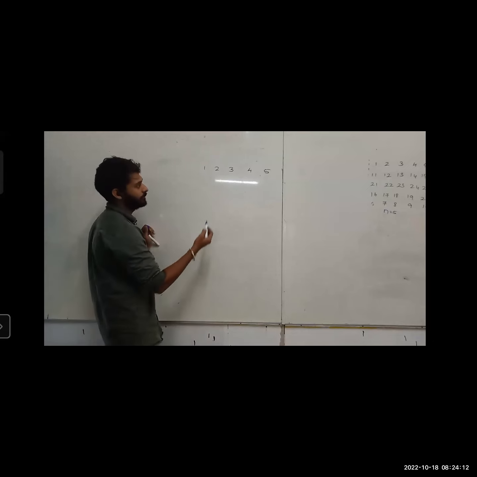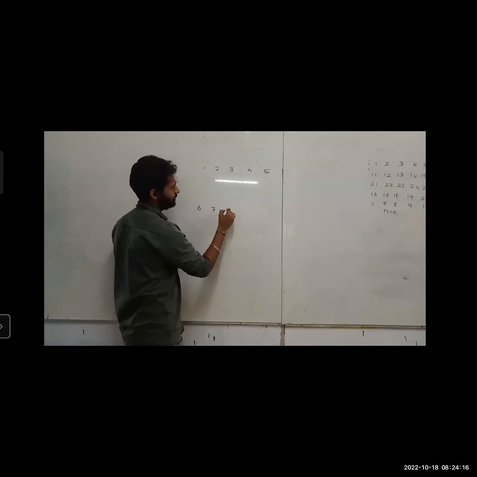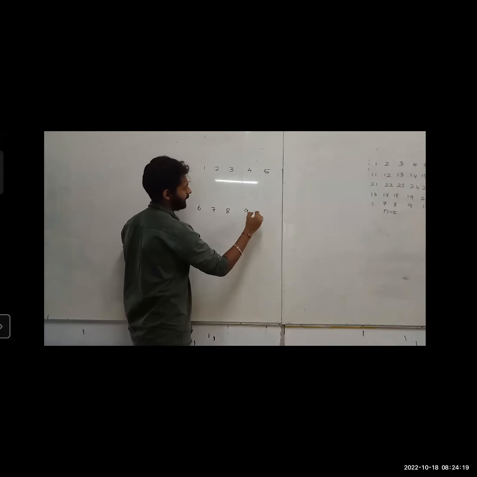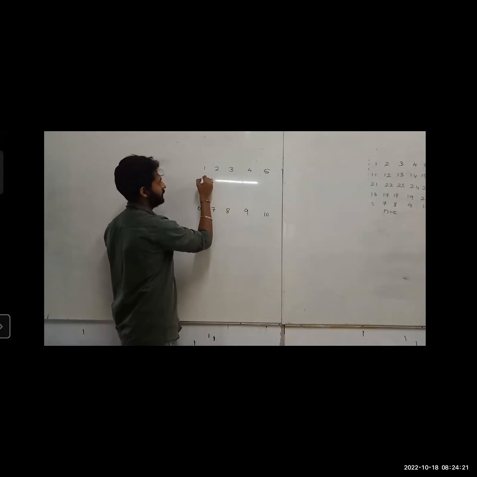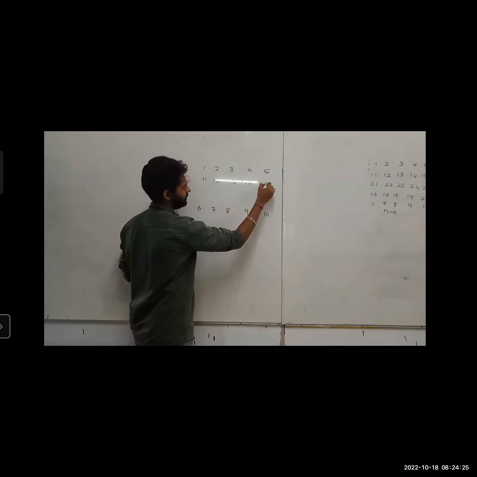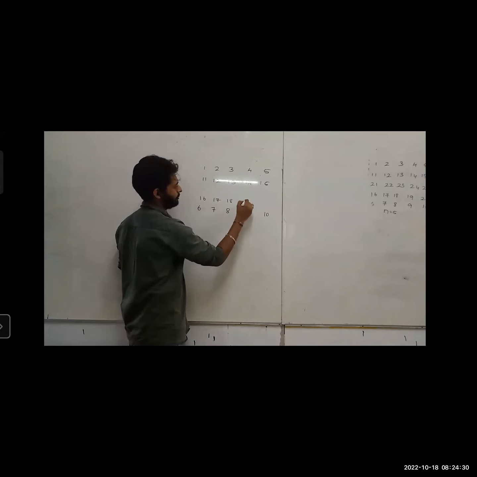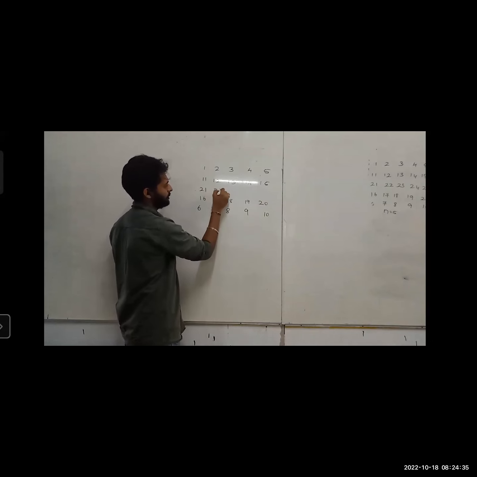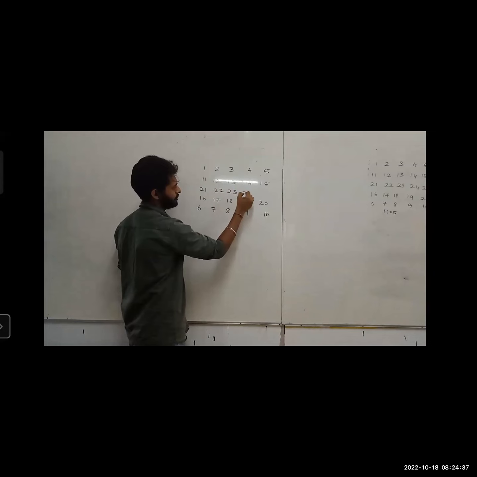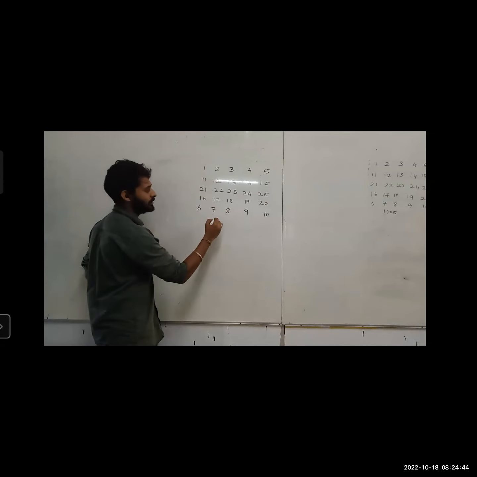Okay, next one. Once it is done here, it will be 6, 7, 8, 9, 10, 11, 12, 13. Yes. On the other side, this is for n equal to how much?